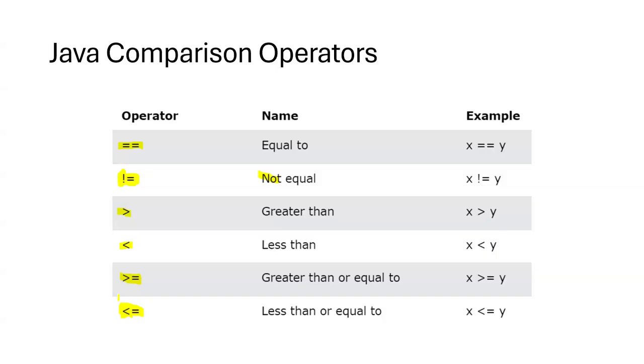True. If I write 3 less than or equals 7, it's true. 3 greater than or equal 7, false. 3 less than 7, true. Did you get it?